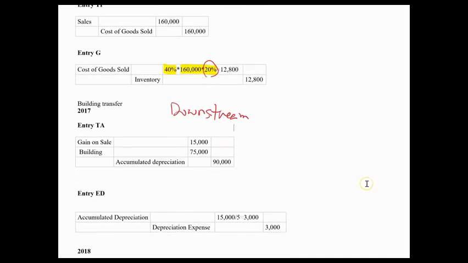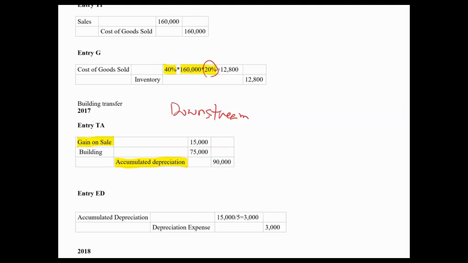So we debit gain on sale of 15,000, and because here we know how much the accumulated depreciation is, this whole entry serves two purposes. The first is to eliminate the gain, and the second purpose is to recreate the accumulated depreciation that the parent wrote off from its books when it sold the building to the subsidiary.